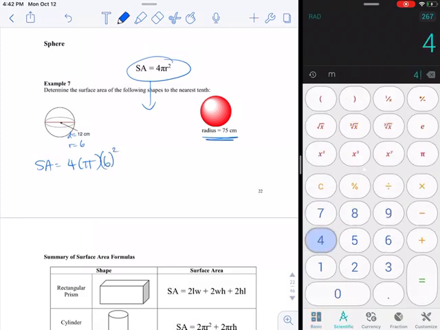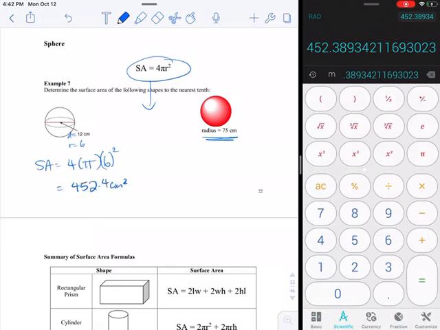Let me get the scientific calculator. So 4 times pi times 6 squared. This one is 452.4 centimeters squared. Again, surface area 4 times pi times 75 squared.